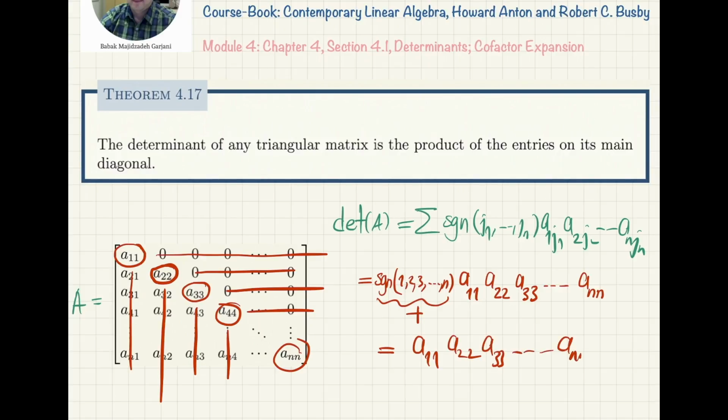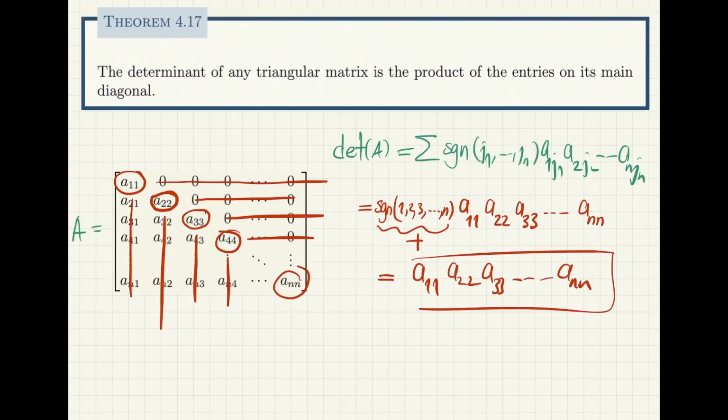And you can follow exactly the same method to prove that this is also the case if you have an upper triangular matrix. And by the way, a diagonal matrix is simultaneously upper triangular and lower triangular, so that is actually expectable.